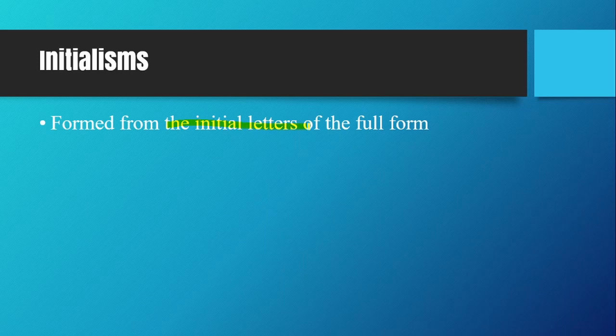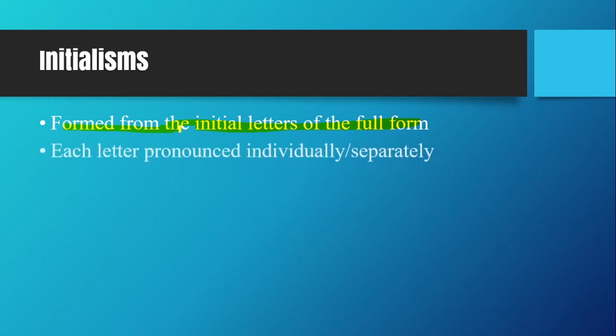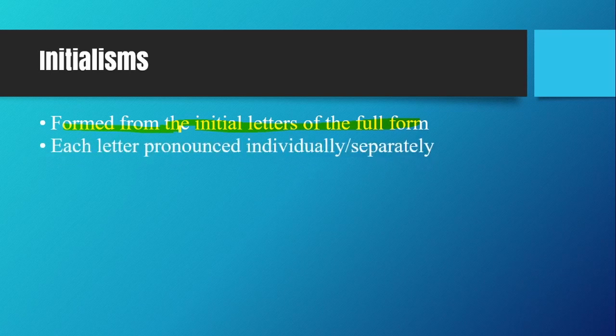Each letter in an initialism, we pronounce individually. We have examples: FBI. We will not pronounce it like Phoebe, but we will pronounce each letter individually.